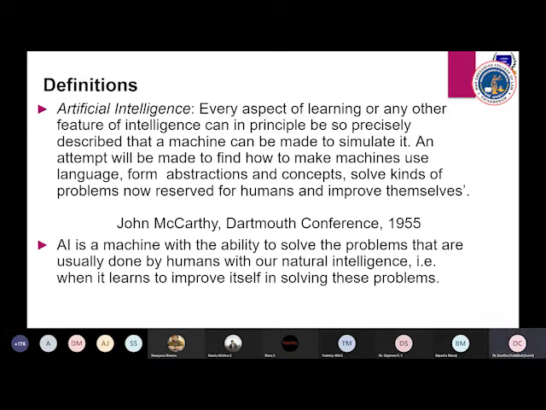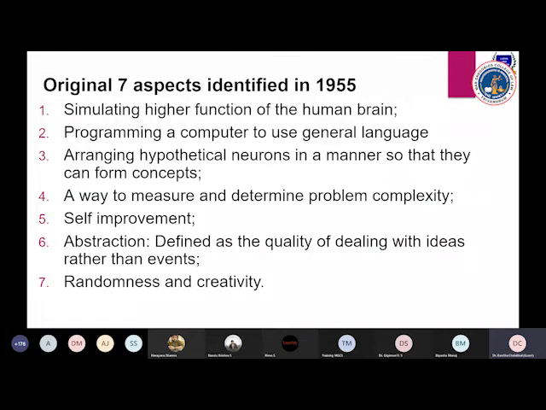So let us continue. I hope that particular problem solving which a machine can do was very clear in that short video. Originally in 1955, there were 7 aspects which were identified and associated with artificial intelligence. So this was one: simulating higher function of the human brain. Higher function of the human brain is basically problem solving.